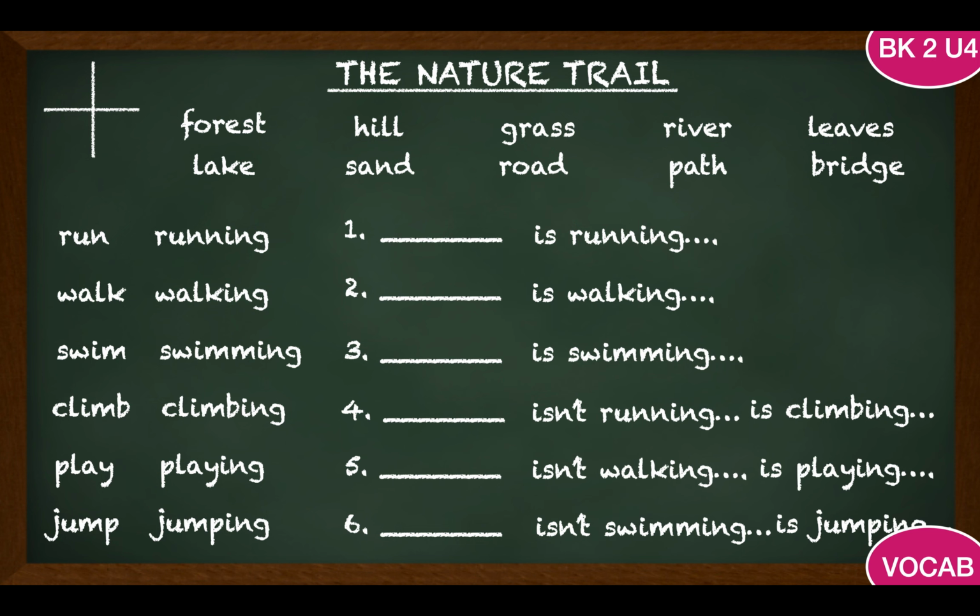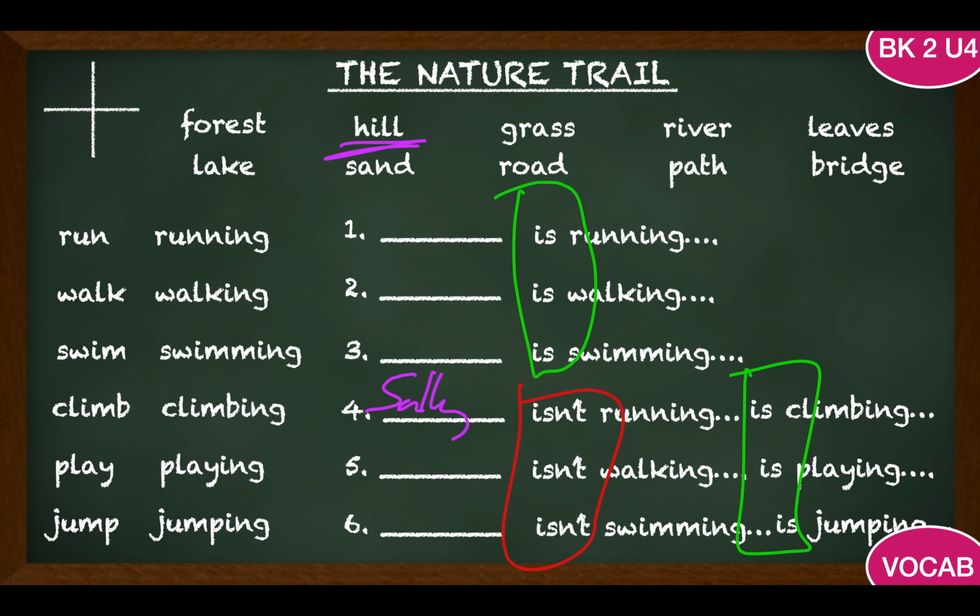So these ones would be then the positive, this would then be the negative, but then you need the positive answer. So for example, Sally isn't running up the hill. Sally is climbing the bridge, whatever it might be.